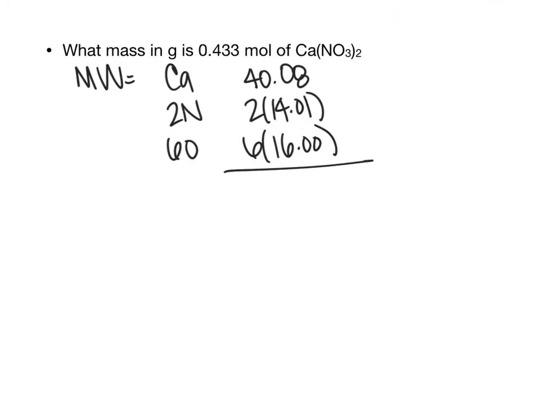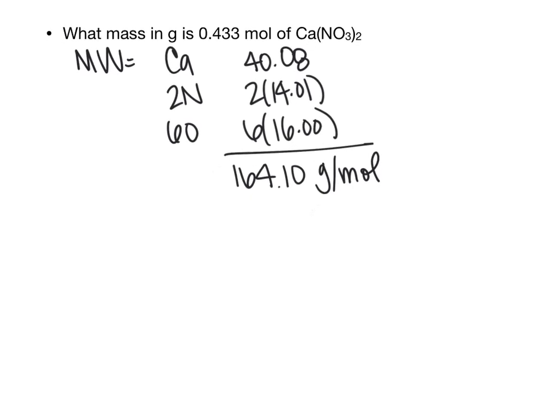And so that gives us 164.10 grams per mole. So this tells us that if you were to weigh out 164.10 grams of calcium nitrate, you would have 1 mole of calcium nitrate.